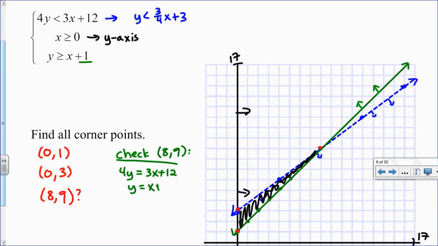And I am going to solve this by substitution. So I'm going to plug this in here. Okay, so 4x plus 4.